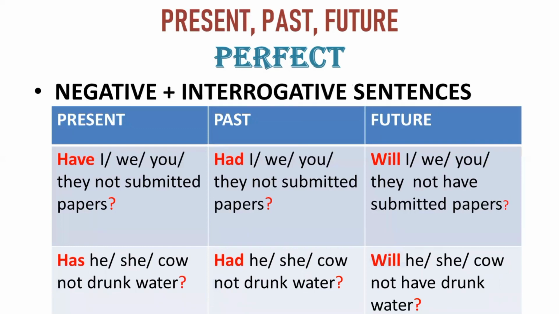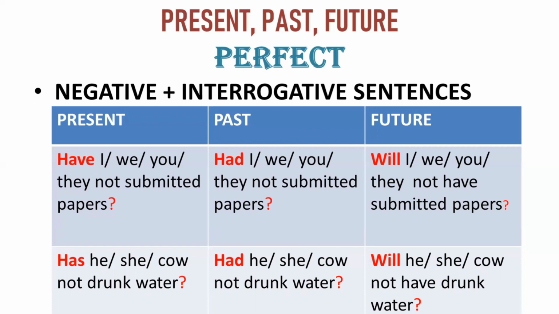Moving on to negative plus interrogative sentences, where we have both negation and interrogation. Again, as we discussed earlier, it seems complex a bit, but it's easy to form in the sense that if you feel difficulty, just take a negative sentence and move the auxiliary helping verb to the first position, and your sentence is formed.